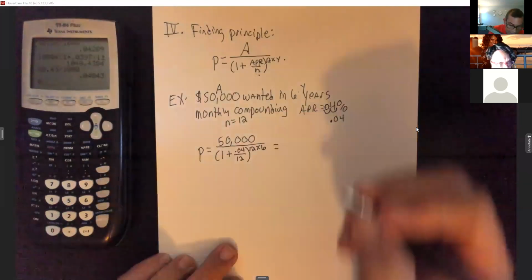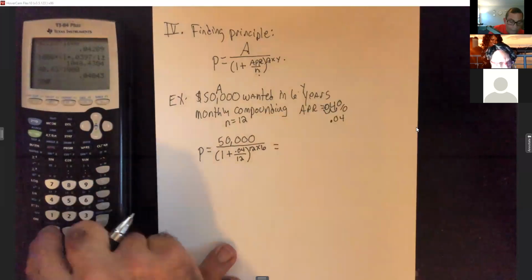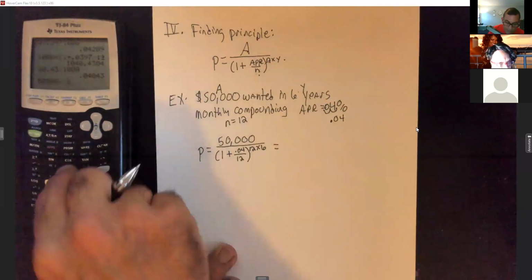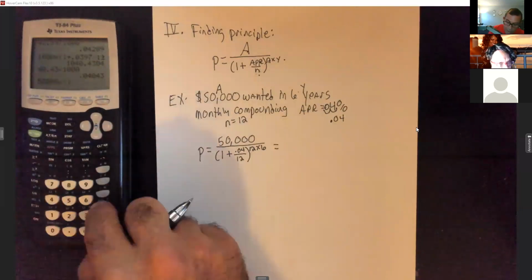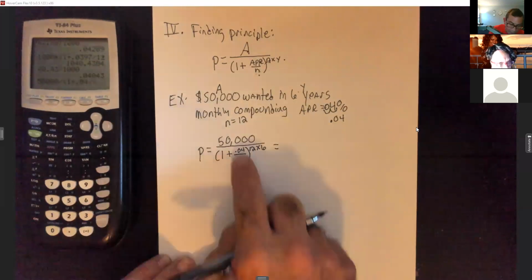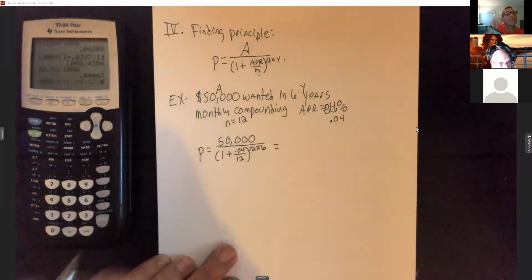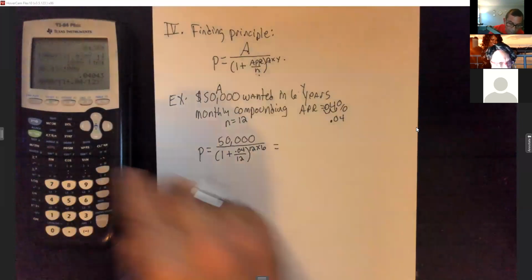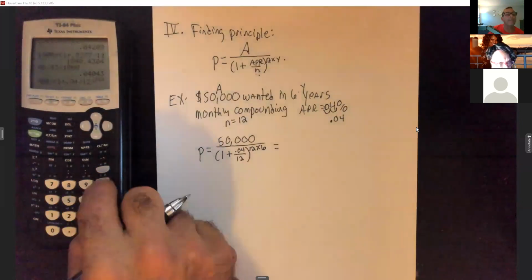I take the 50,000 on top. I divide by parentheses 1 plus 0.04 divided by 12. Close those parentheses, and then our exponent is 12 times 6.